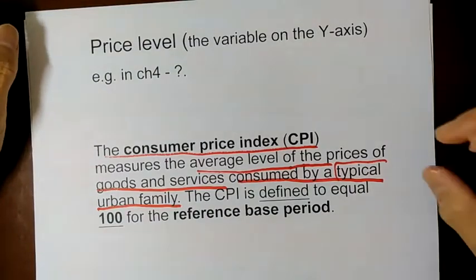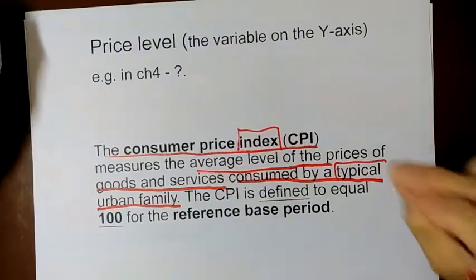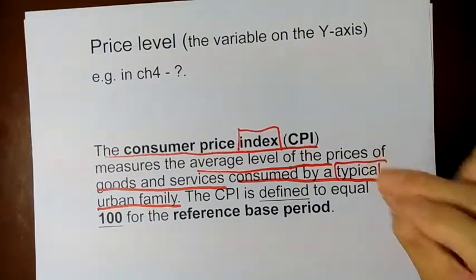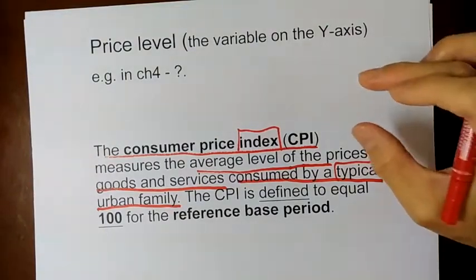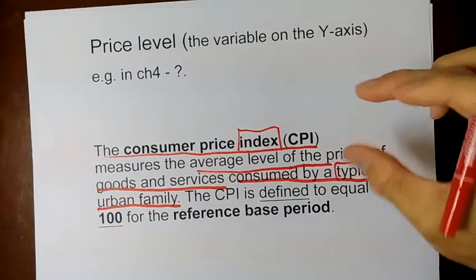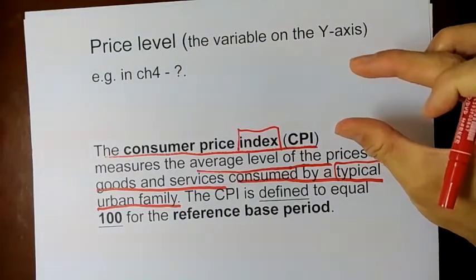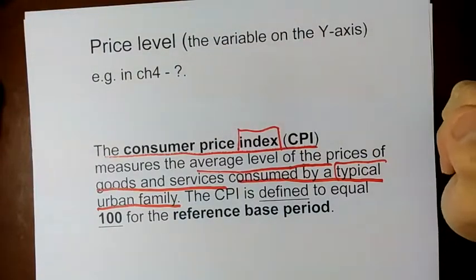Again, CPI is an index. Any index must have a base value. Just like you are 6 feet 2 inches tall, you have to define how tall is 1 inch. Then you can tell people how tall you are. Same thing.